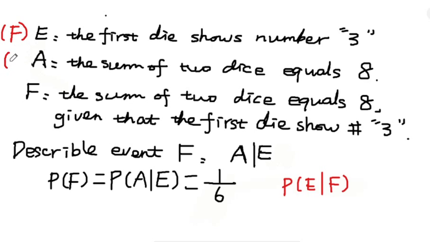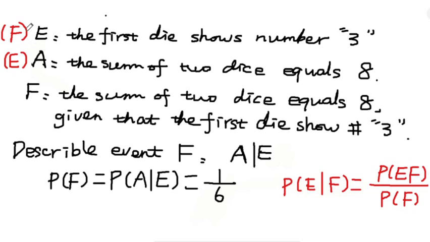Even if we follow the definition of conditional probability, that will be the probability of E and F over the probability of F. So what is the probability of E and F?